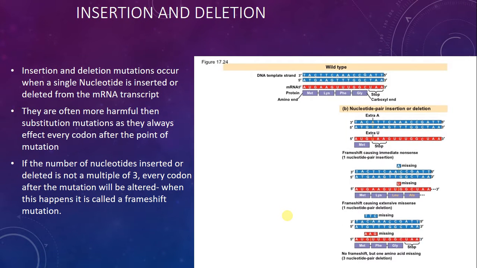The second type is insertions and deletions, and like it sounds, this is when we insert an extra nucleotide or delete a nucleotide from the mRNA transcript. They're often more harmful than substitution mutations because every codon after that point is affected.